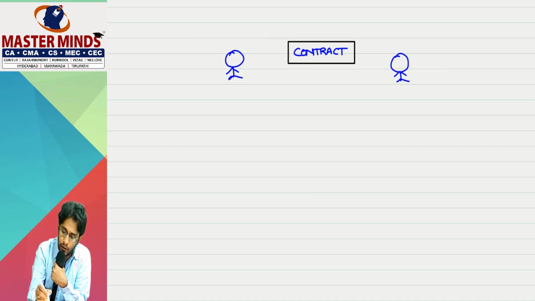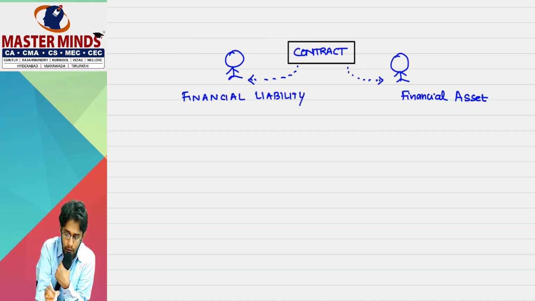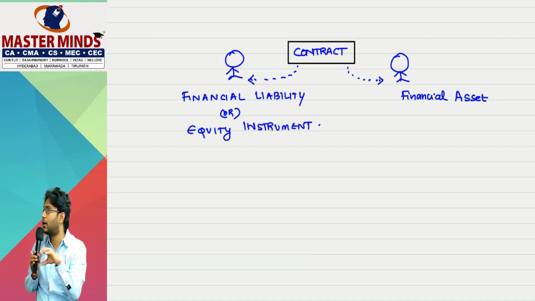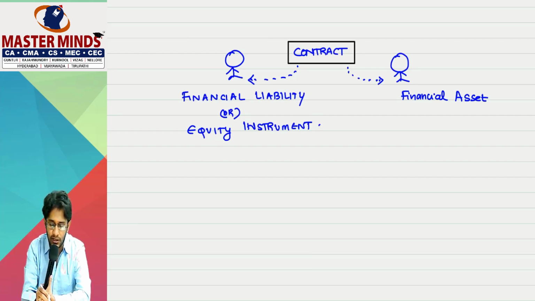This contract, to one party, it is becoming a financial asset, and to the other party, the same contract is becoming a financial liability or equity. This contract is called as a financial instrument.